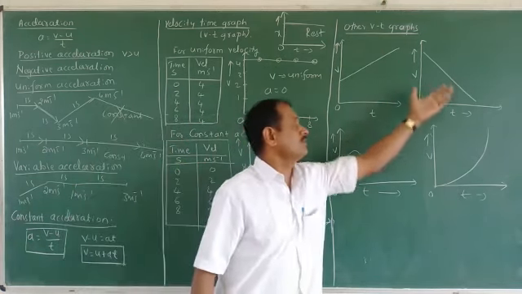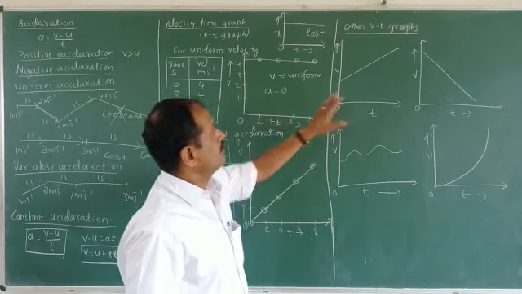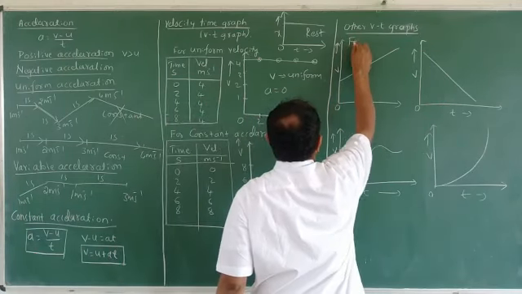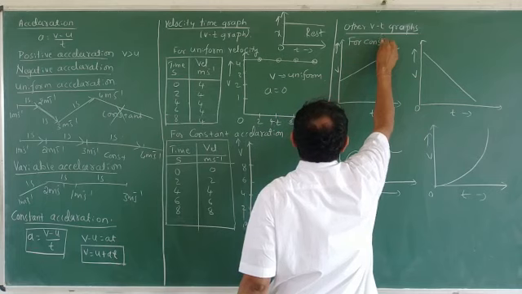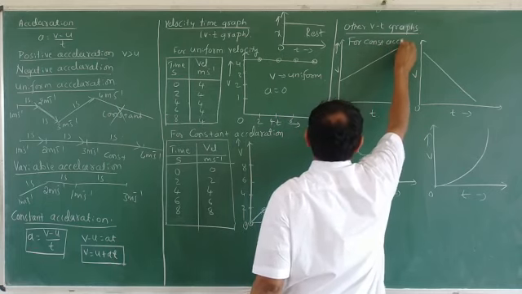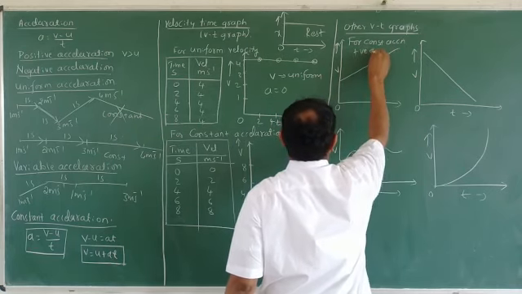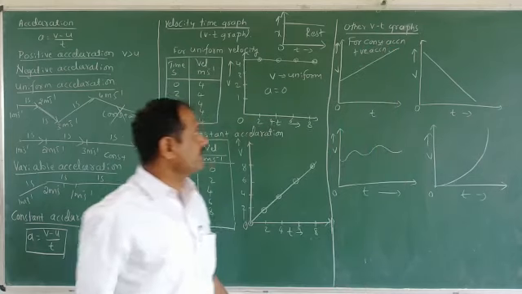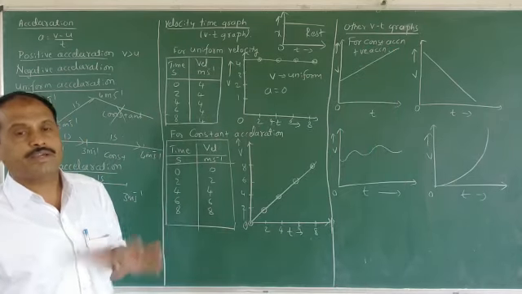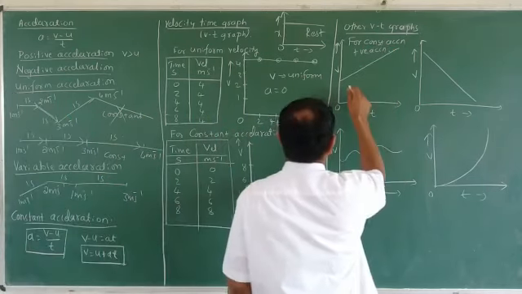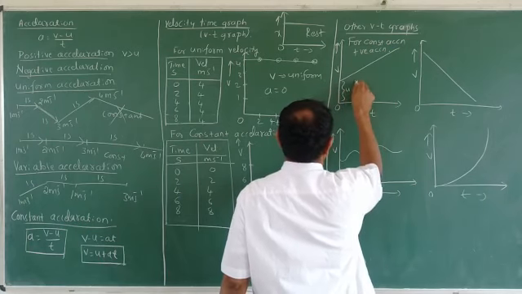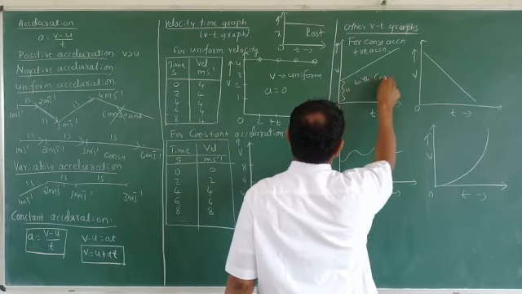Now the other VT graph, observe this one. This is also for constant acceleration, and positive acceleration. Constant positive acceleration with a certain initial velocity.